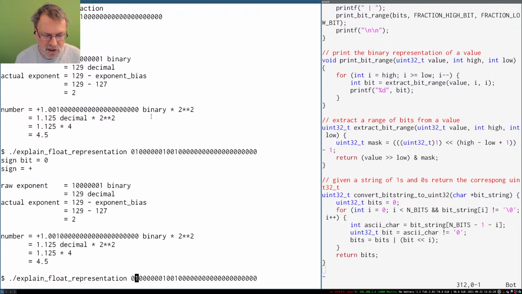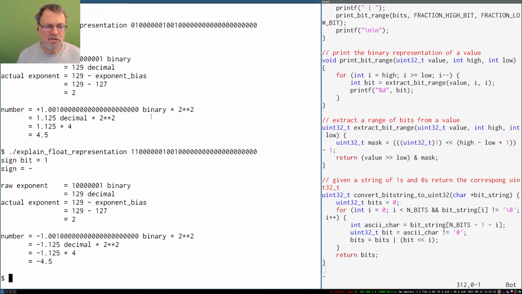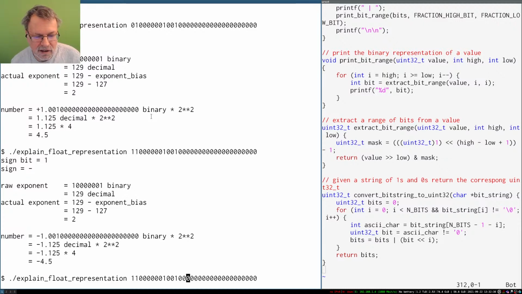I can say, if I change this bit to a 1, what do I get? It should be minus 4.5. Or if I increase the exponent, that will add 2 to the exponent, if I've got that right. That should give me 4.5 times 4, which is 18. So that should give me negative 18.